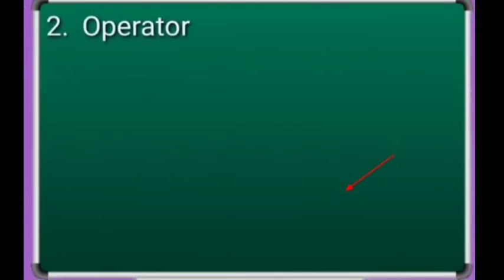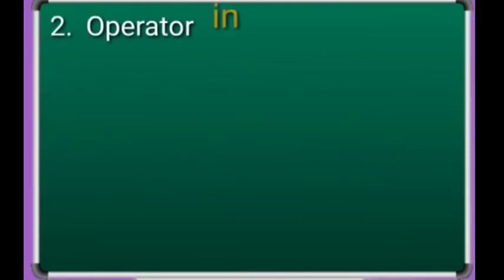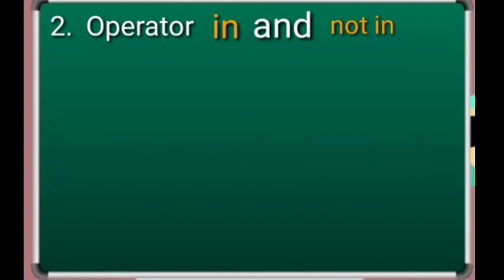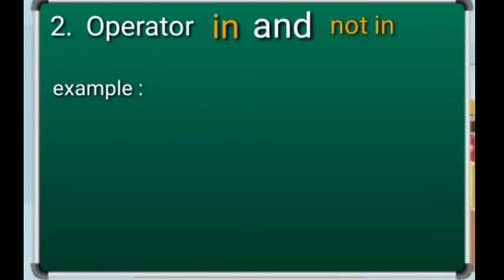Now the next topic is operators, in which we will learn about the in and not in operators. So students, we have already learned in the last video about the in and not in operators, which check whether a value is present in the list or not. So how can we write it?